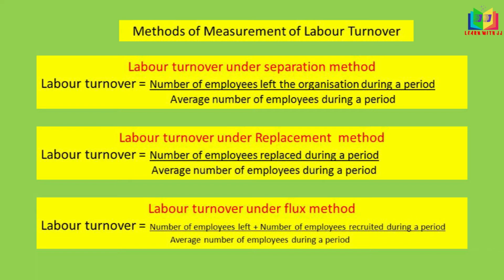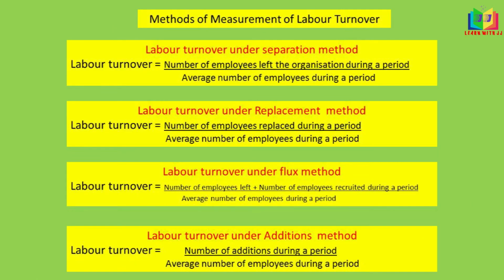The next one is under flux method. Under this method labor turnover is equal to number of employees left plus number of employees recruited during a period. Here we have to consider both, that is the number of employees left as well as the number of employees recruited. That should be divided by average number of employees during a period.